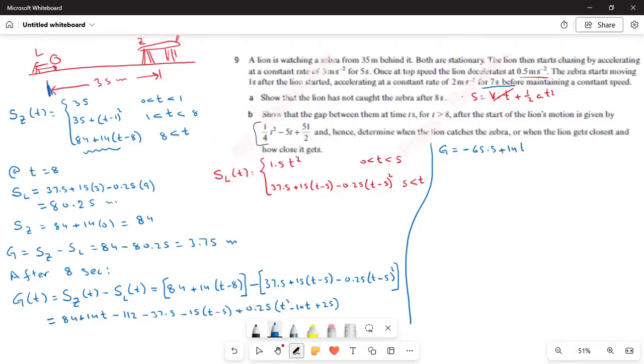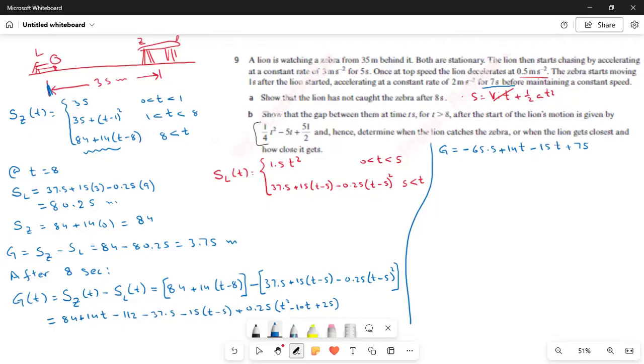Now I open this bracket, so this is minus 15t, and then minus minus plus 15 times 5 is 75, am I right?